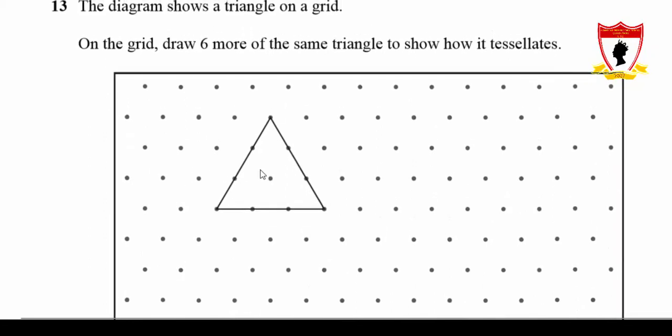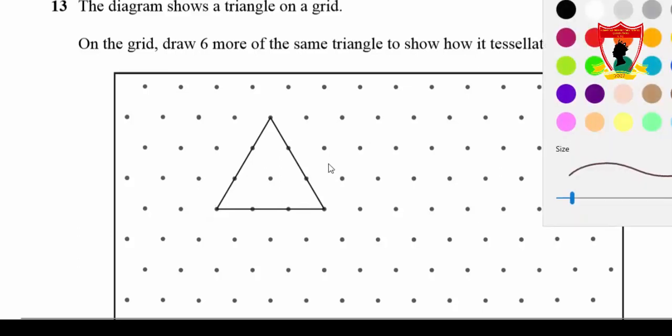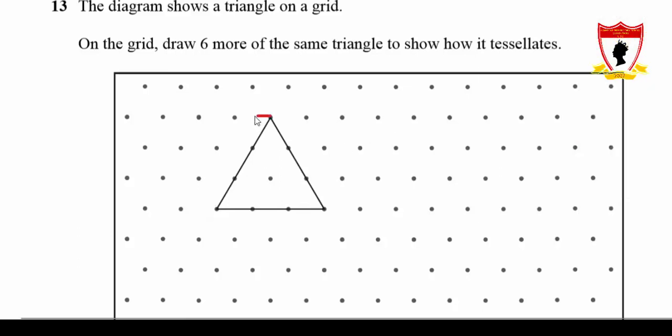It means when we draw a few triangles next to each other, they don't leave any gap behind. Then this triangle, 1, 2, 3, it's 3 by 3, it's equilateral. So here is one, and there is no gap between them.